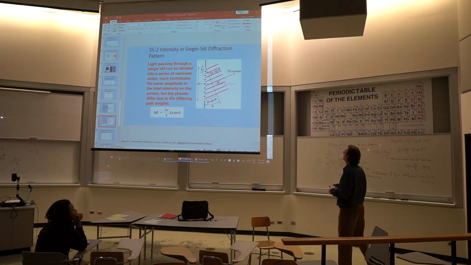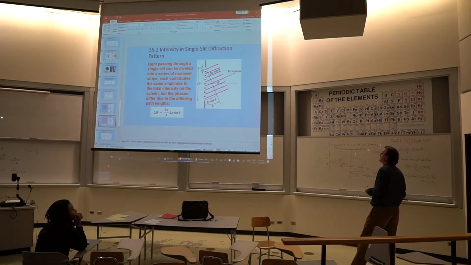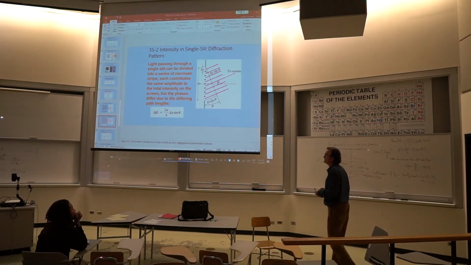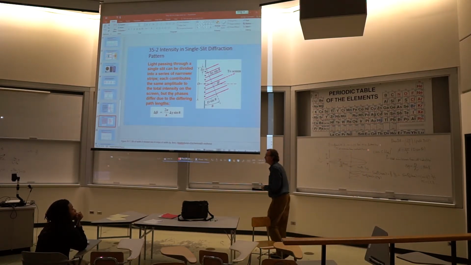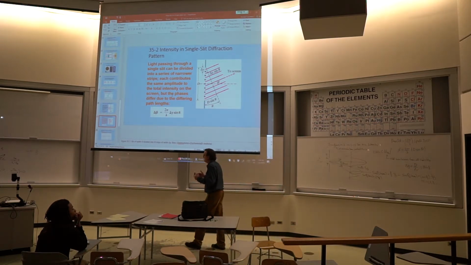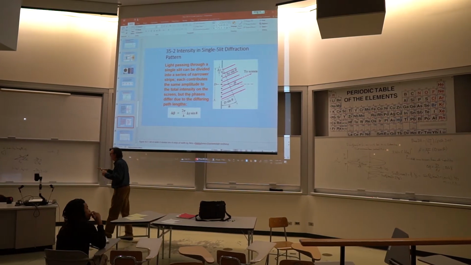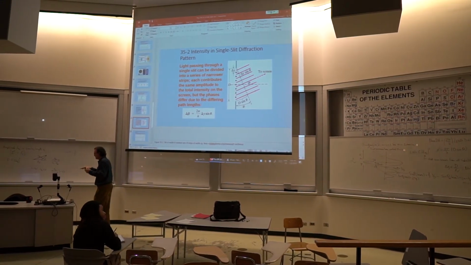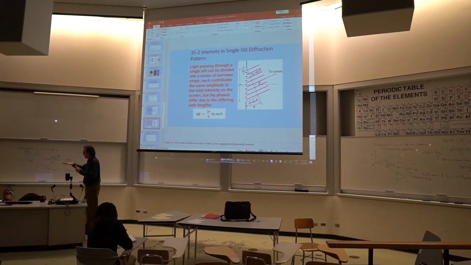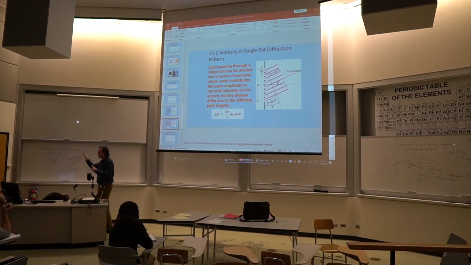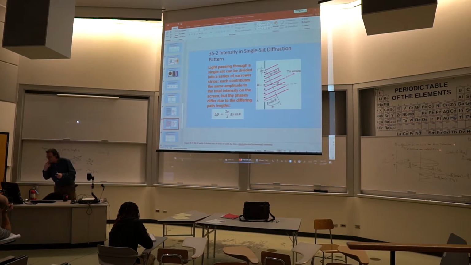And the amount by which it arrives out of phase is 2 pi over lambda times the path difference, which is delta y times sine theta. Okay? So now we know the relative phase difference of the sine waves arriving at P as we go from one subslit to the other. And that's what delta beta is.